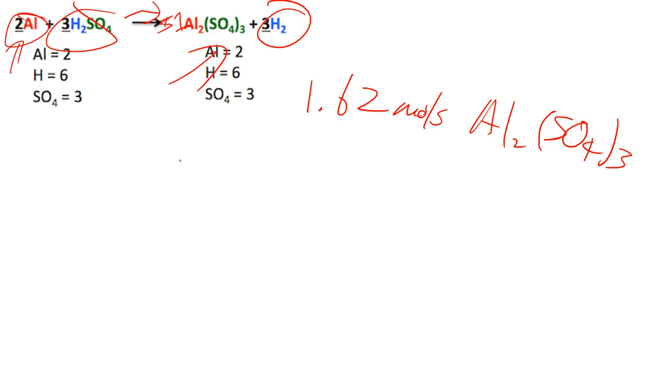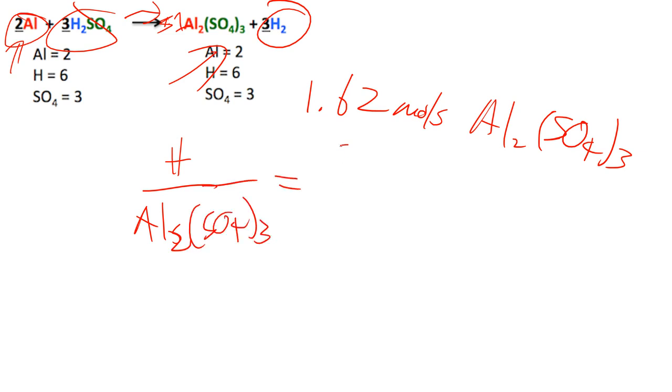So once again, molar ratios. Hydrogen over aluminum sulfate is going to be equal to 3, because the coefficient here is 3, and aluminum sulfate 1. All this is saying is for every 1 molecule of aluminum sulfate, we will produce 3 molecules of hydrogen. That's all it's saying.